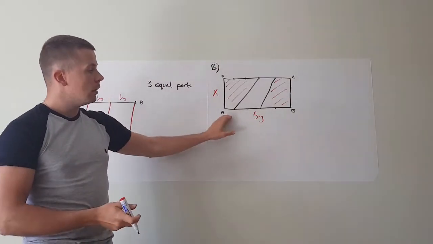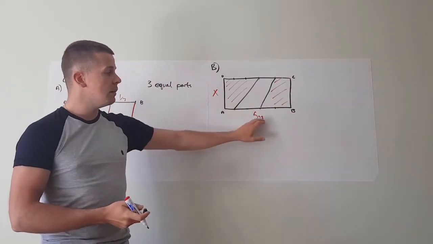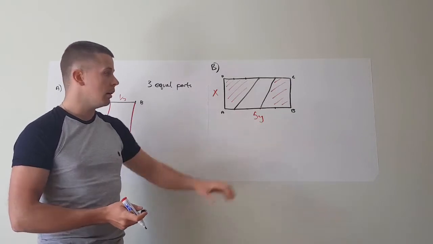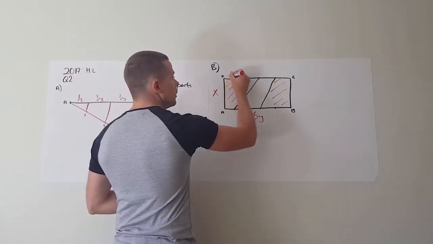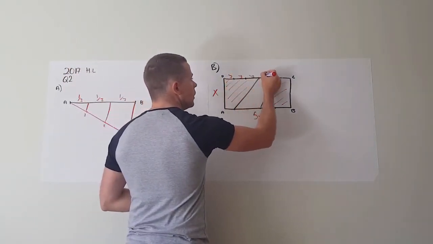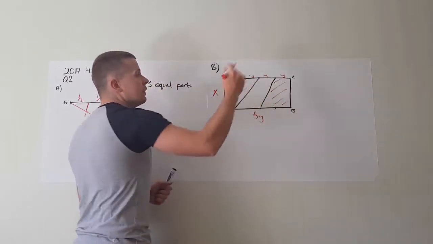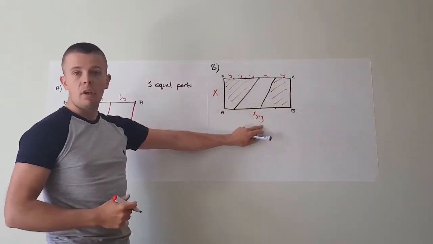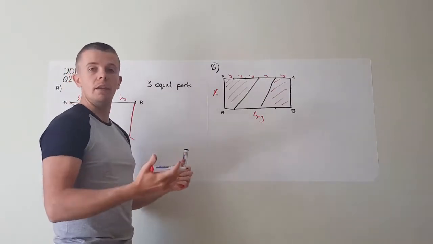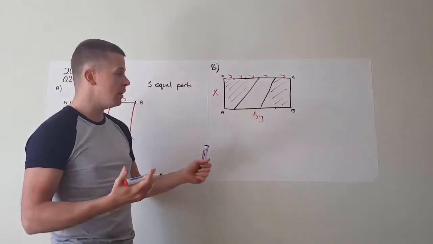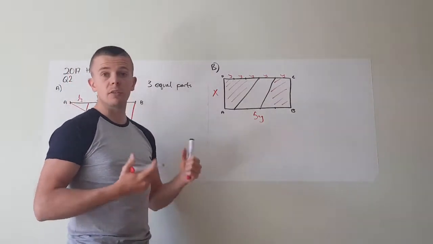So the length of that is 5 multiplied by y. Up on the top here, we have y, y, y, so we have 5 y's, and y will be whatever length it is. I don't care what length it is. All I want to know is that there's 5 of them.